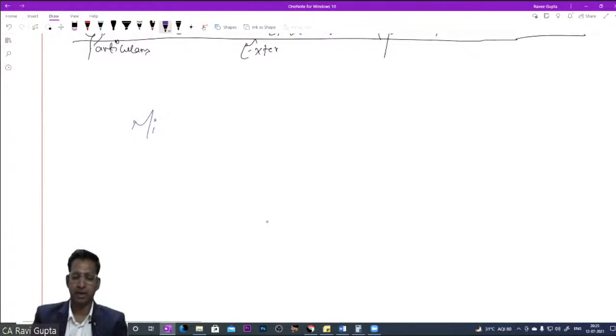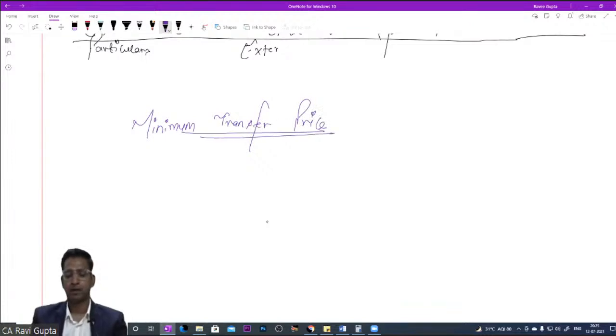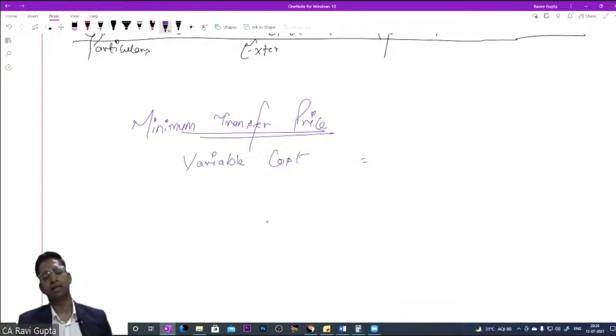Minimum transfer price. How do we calculate the minimum transfer price? First, we need to calculate the variable cost. In the year second, we have a variable cost of rupees 35 only.